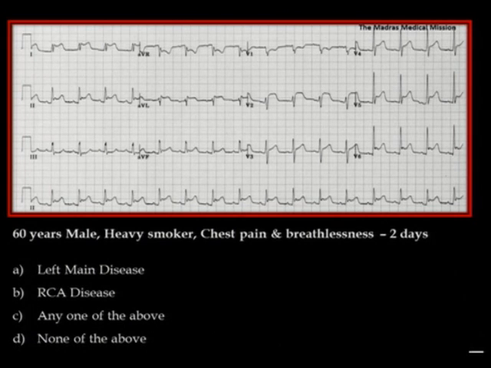So despite all these scary things on the ECG as well as the clinical profile, I still believe you can go slow here because there are certain things to notice. A global ST segment elevation is a rarity. Usually, when there are many leads which are showing ST segment elevation, one or two leads will show significant ST segment depression.